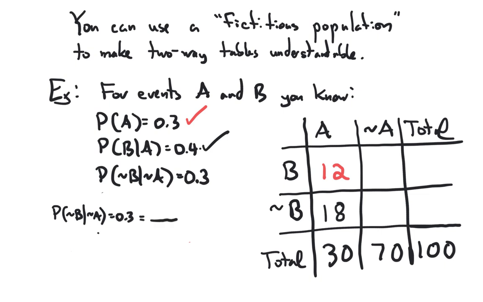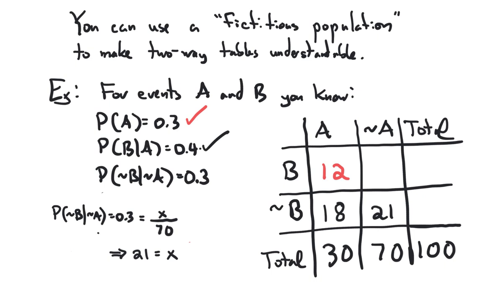And that is, well, our total population is 70. And again, we need to figure that out there. And if we do so, we get that 21 equals x, multiplying both sides by 70.